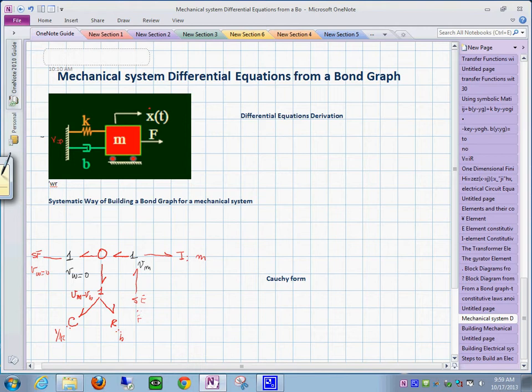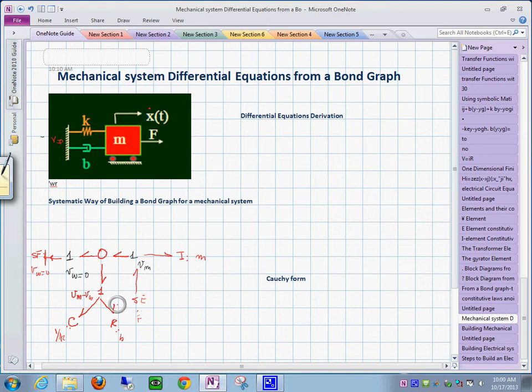We're basically done with this. This is a source of flow because one of the signals is 0. We are going to represent it like this. See? Okay, so in here we have the bond graph model.